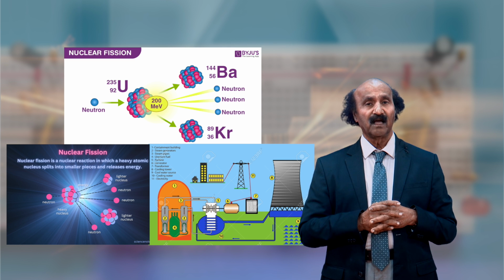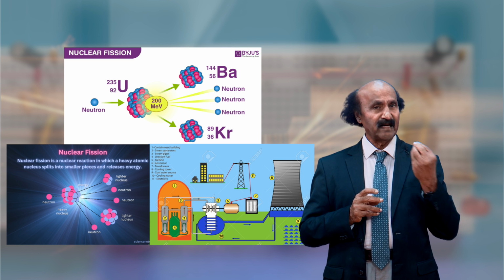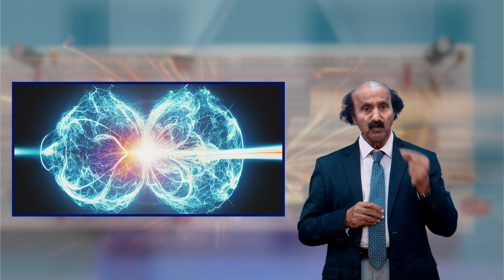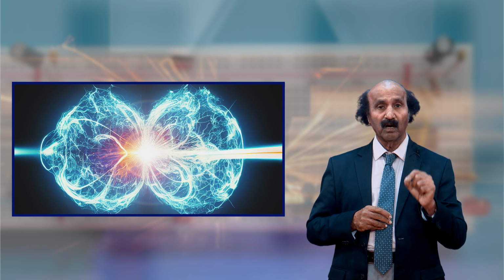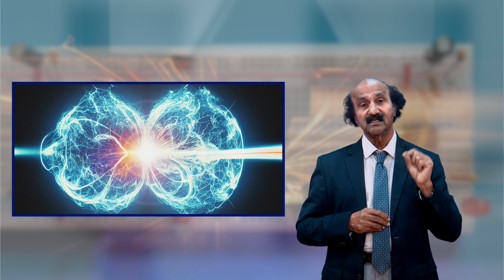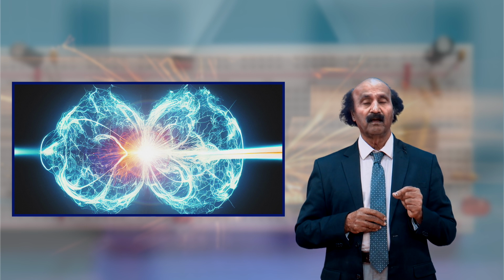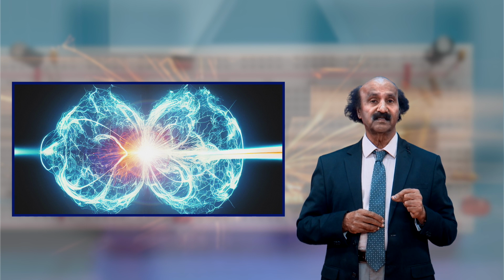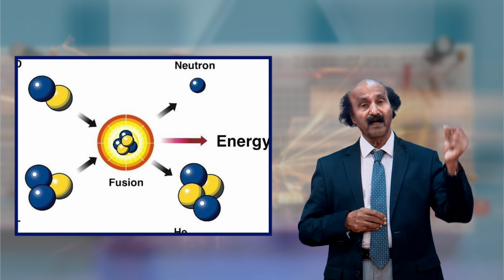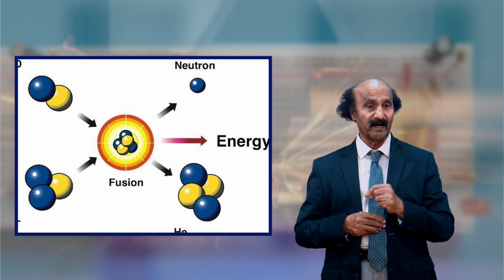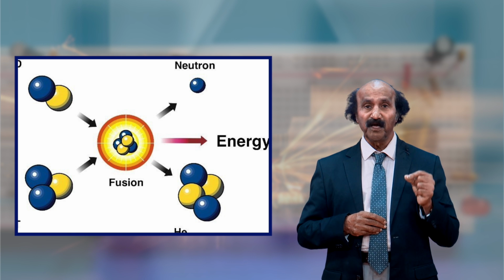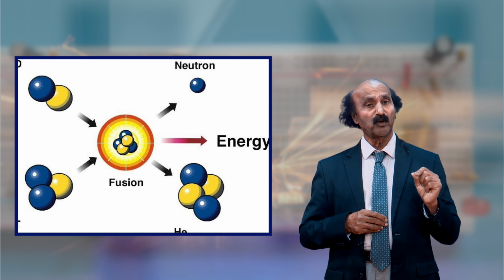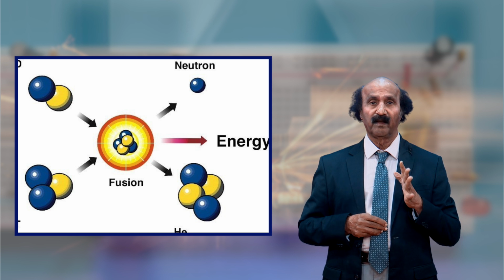Isotope means in some hydrogen, in the nucleus there will be one proton and one neutron. This is called deuterium. This is rare. In still rarer cases, there is another kind of isotope of hydrogen which is called tritium, in which you have one proton and two neutrons.